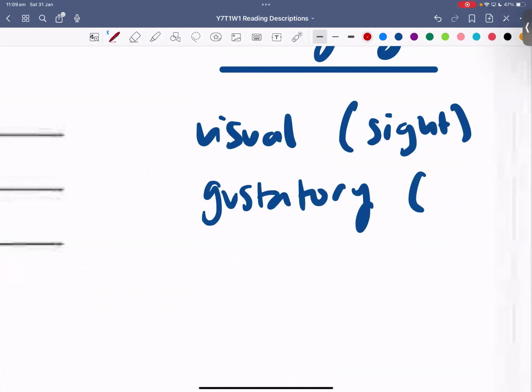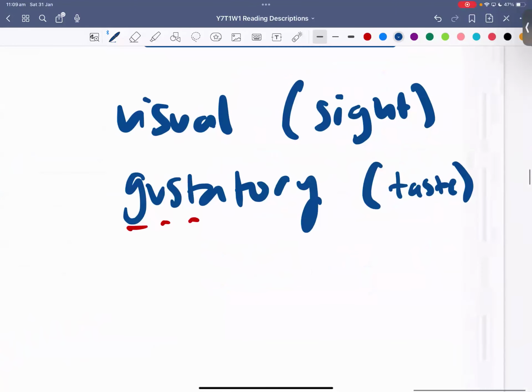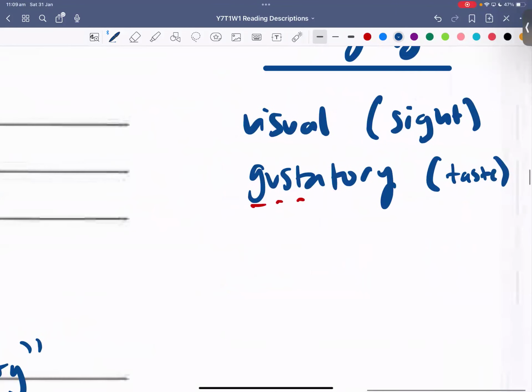So if you have G-U-T, guts, that's another word for taste. We have auditory imagery. Can anyone tell me what? Hearing. So what you can hear.